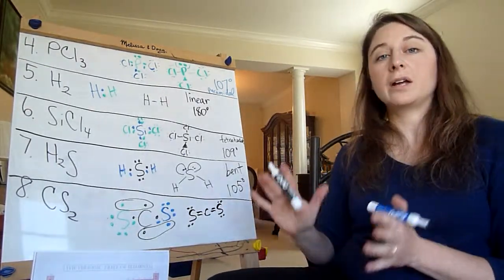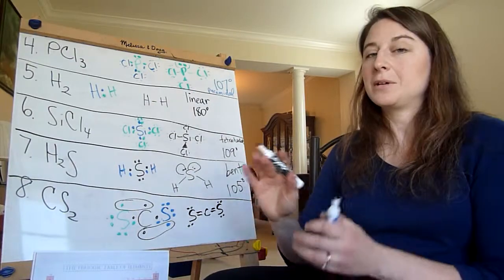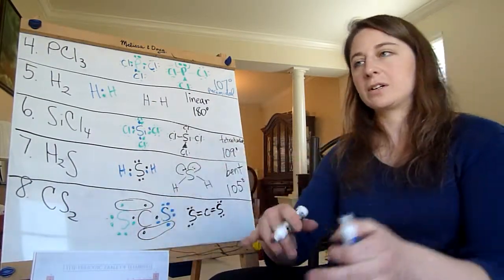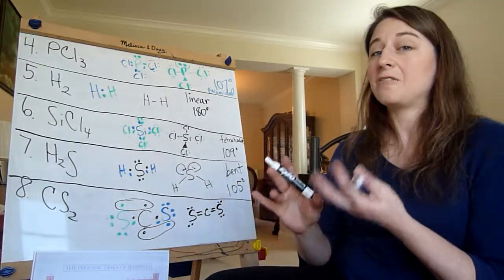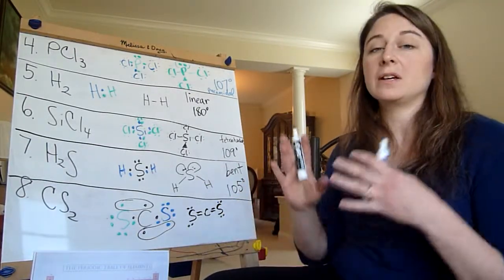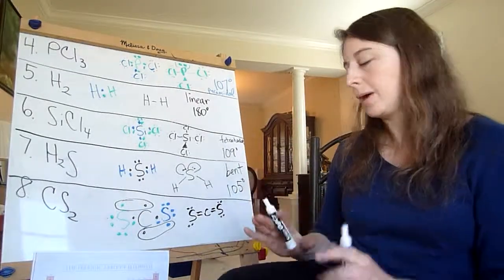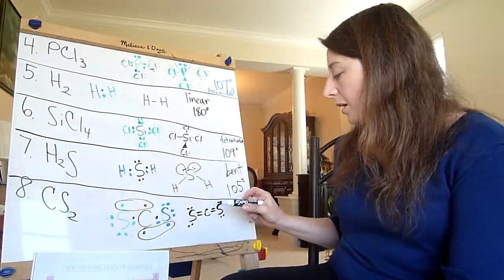Everyone has their octet, but you do have to be careful because sometimes you can throw in a triple bond here and a double bond here and not realize that that center atom has 5 bonds around it, which of course violates the octet rule, and you can't do that. So make sure you count.